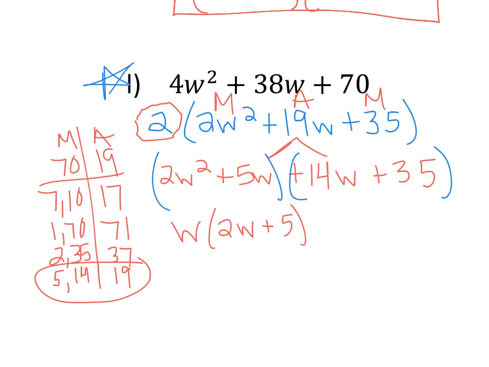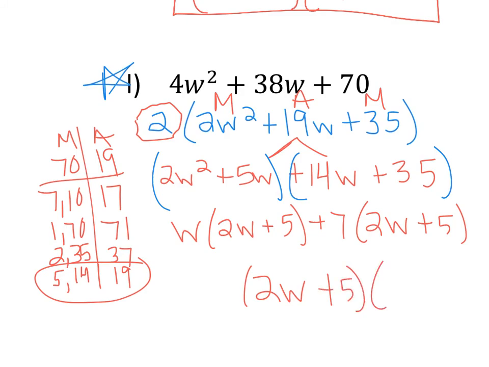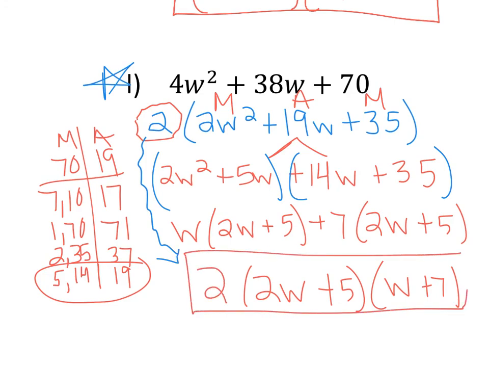And in the second grouping, I have a 7 in common, which leaves me 2w plus 5. So I would have 2w plus 5, and the leftovers w plus 7. Did you forget about the 2 from before? That 2, you just bring it down. So you actually have 3 factors for this trinomial.